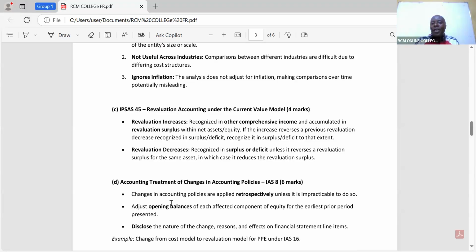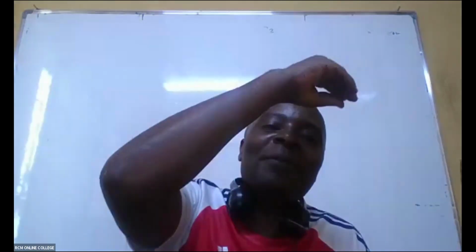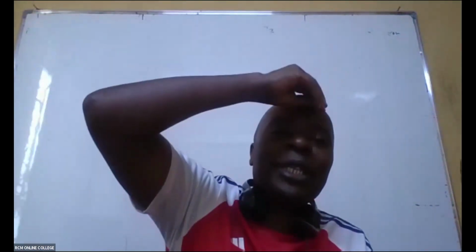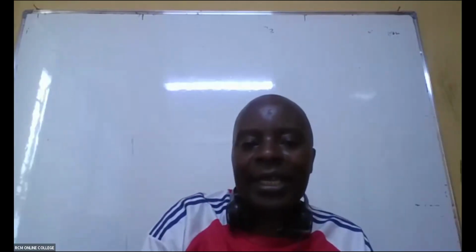IPSAS 45, revaluation accounting under the current value model. Whenever we revalue our assets, my good students, it doesn't matter what name they call it. They can even call it IPSAS 572. It doesn't matter, so long as they give us an idea.